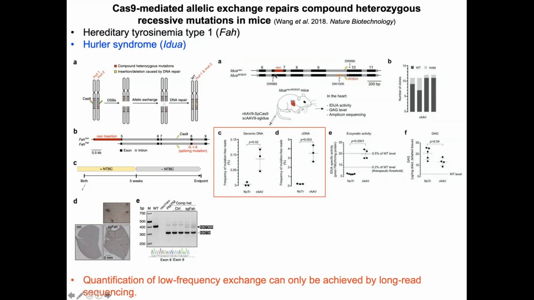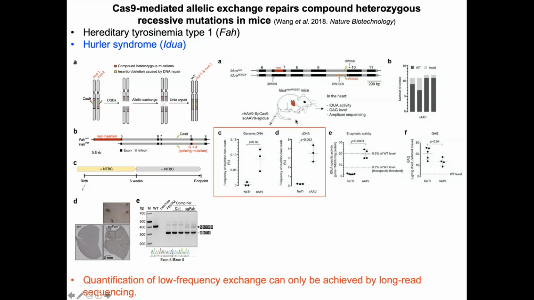Because standard short fragment read analysis is not conducive to detecting allelic exchange, especially from mutations that are separated by 3 exons, the SMRT sequencing strategy, which is of course a long-read sequencing approach, is really meaningful for these types of investigations.